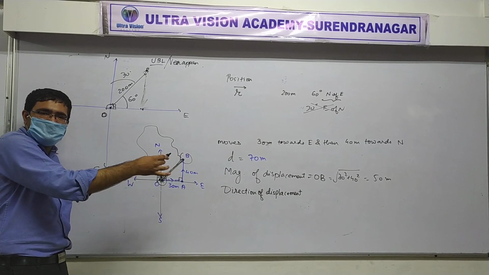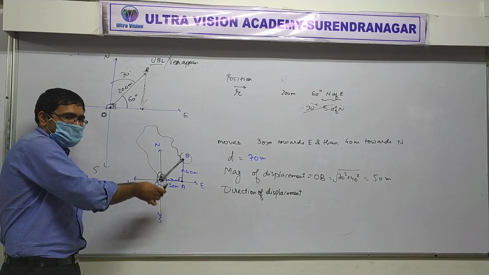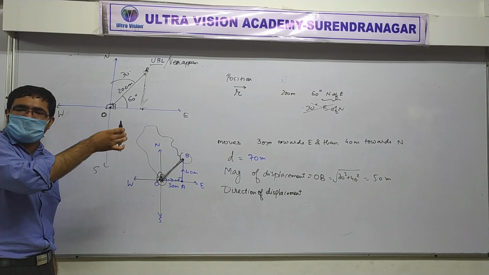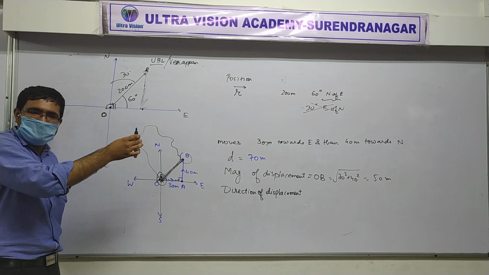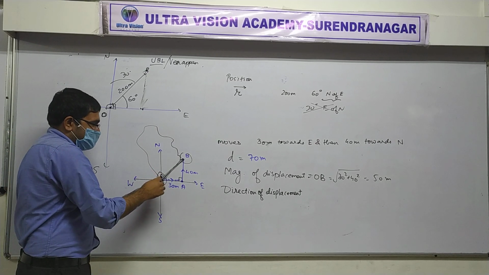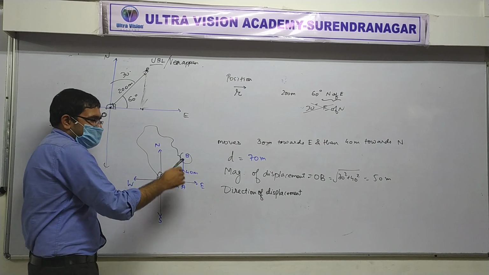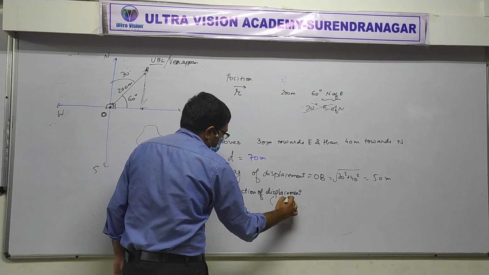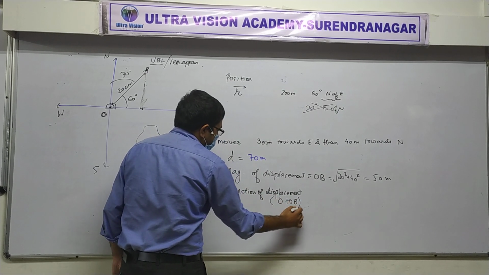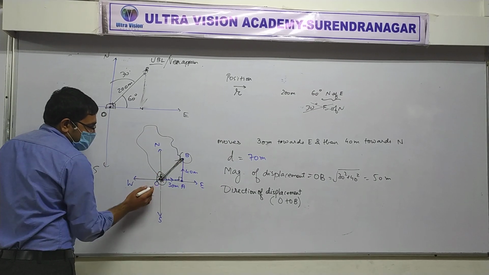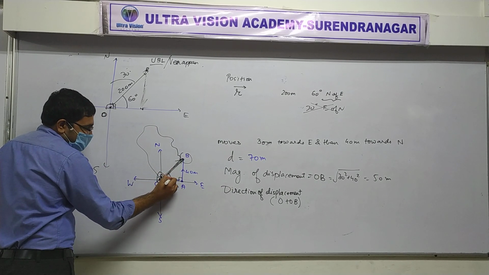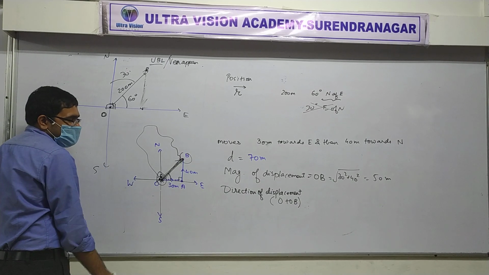With initial and final. You don't have to see how it goes here and here. It does not depend on path. So the displacement is from O to B. Did you get that? In this direction. So what's the angle of that displacement from O to B?